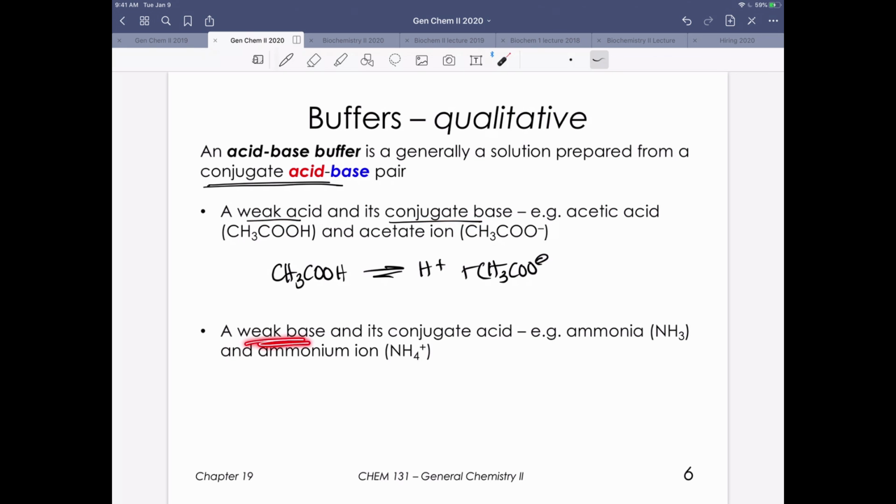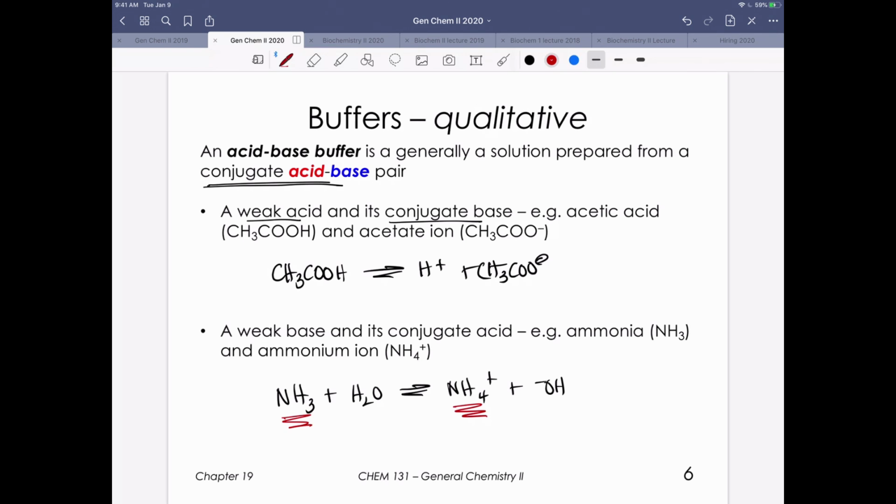Or you could mix a weak base and its conjugate acid. An example of that would be if we were to mix ammonia, for example, and then again, the equilibrium that we would think of would be this one. But the idea is that we have a weak base and its conjugate acid that we both add to solution.